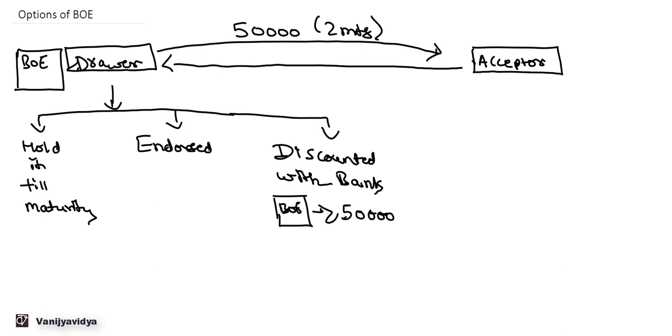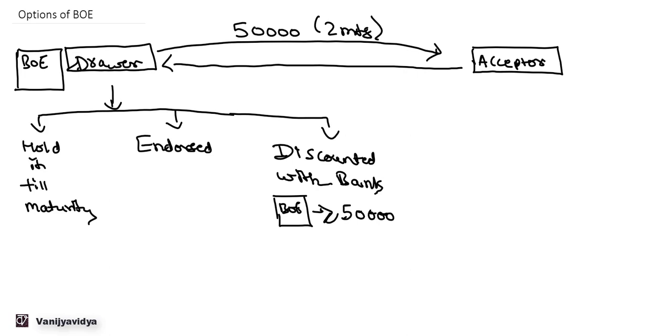The bank will see that this 50,000 will be received after 2 months. So what will be the amount of interest or the discount on this bill of exchange for 2 months, and if it is to be paid currently, what is the amount?